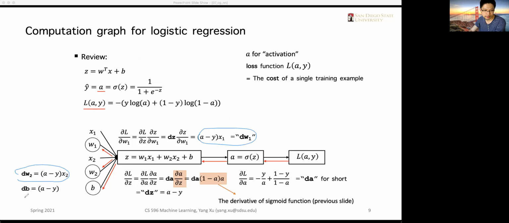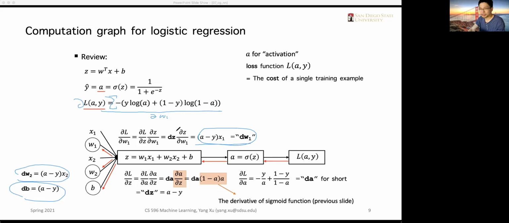This is something that you should be very familiar with, because when we first introduced logistic regression, we derived the cost function as the summation of a whole bunch of losses, and we directly took the derivative of L with respect to W1, W2, and B. Actually we had similar results as this one.